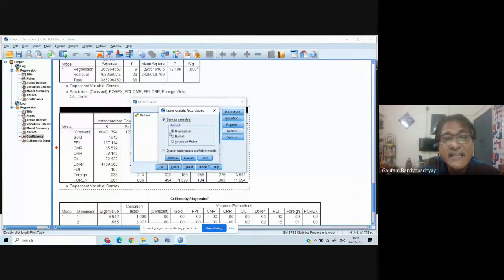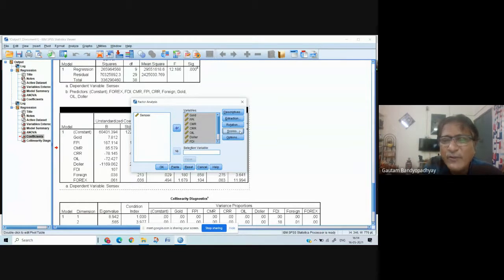All variables are decomposed into factors, so factors are my independent variable. Instead of different variables, factor scores are the independent variable, so we need to display factor scores. This is for the regression model score.